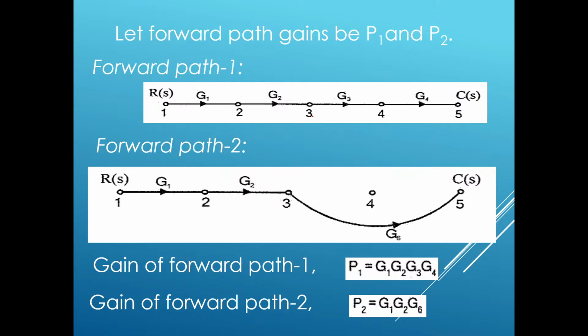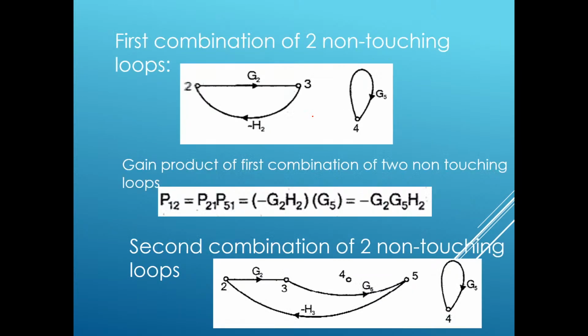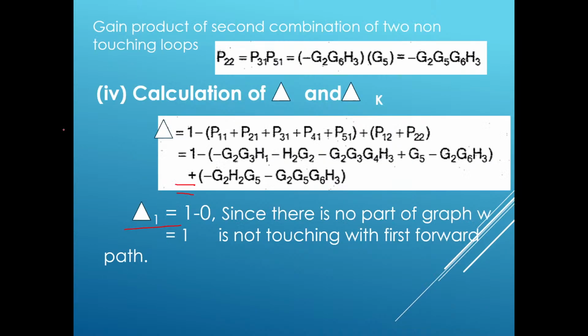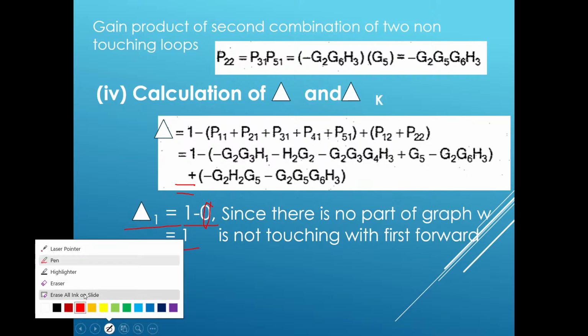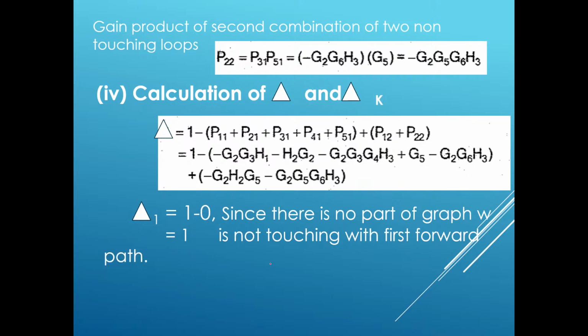Therefore delta 1 is equal to 1 minus 0. No part is non-touching, all parts are touching. So delta 1 is equal to 1.